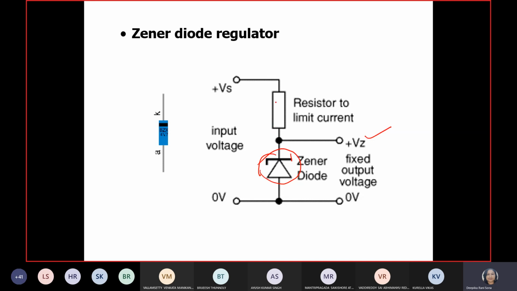We have to generate a reference voltage, V reference. This combination, resistor plus Zener diode, gives rise to a reference voltage, and what we are going to do with it we will see later.